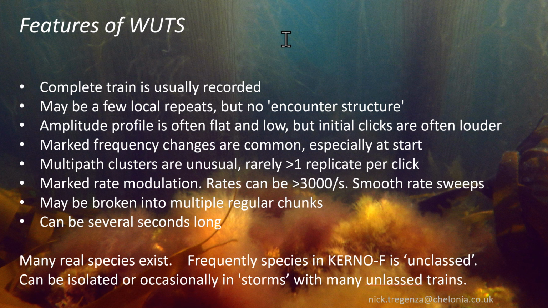So, currently we're thinking that most of these are biological and they come from more than one species. The frequency of species in the Kerner F classifier is often unclassed. So if you see a big patch of data with a lot of unclassed clicks in it, that's a kind of warning that you should look into that.